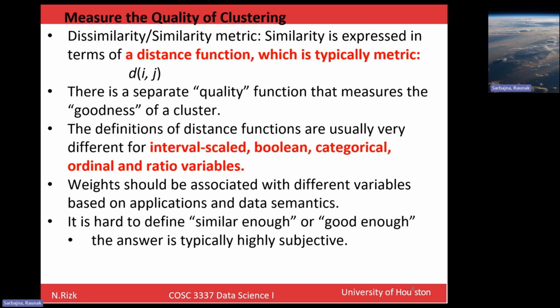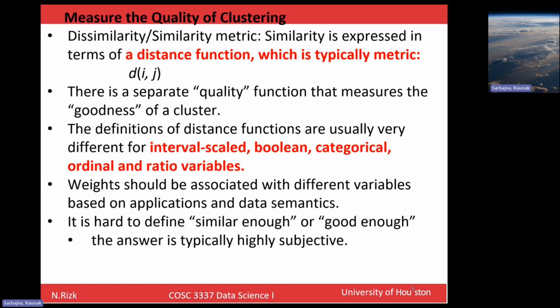Right. And for different types of data, you obviously need very different types of distance functions. For Boolean data, if you use a standard Euclidean distance function, it's not going to make any sense because the distance is going to be fixed, right? For categorical data, distance has no meaning, right? So if you have multiple different categories, if your categories are purple and blue, then there is no metric for distance between purple and blue.